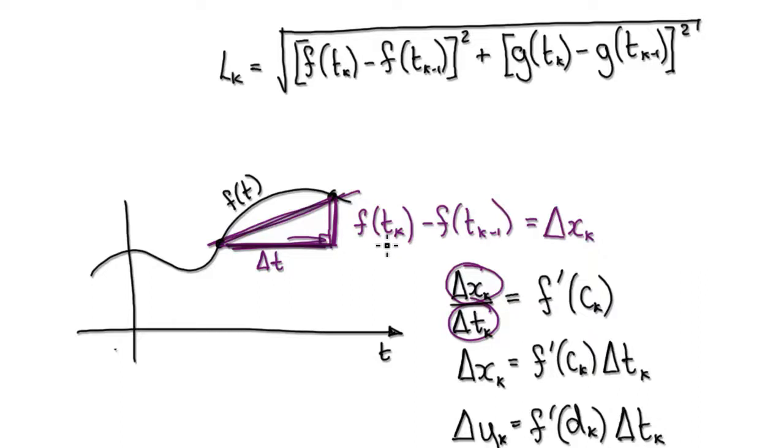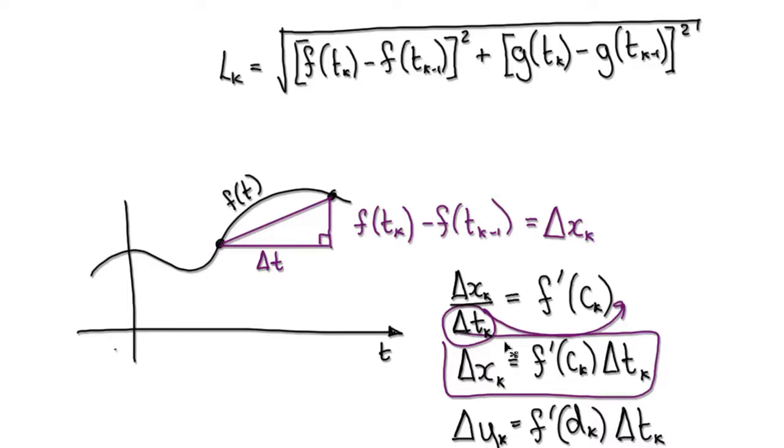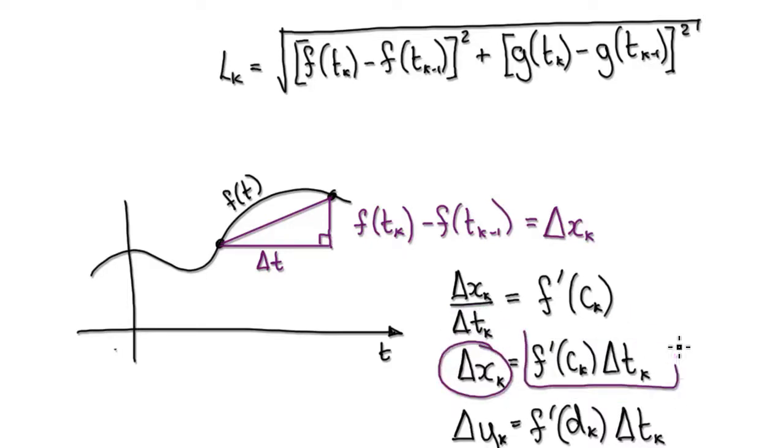The mean value theorem says somewhere in between here and here, there must exist a c where the derivative is equal to the average gradient. So this is us using the mean value theorem. Now times both sides by this thing here, that will take us to here. So now delta xk is equal to this thing here.